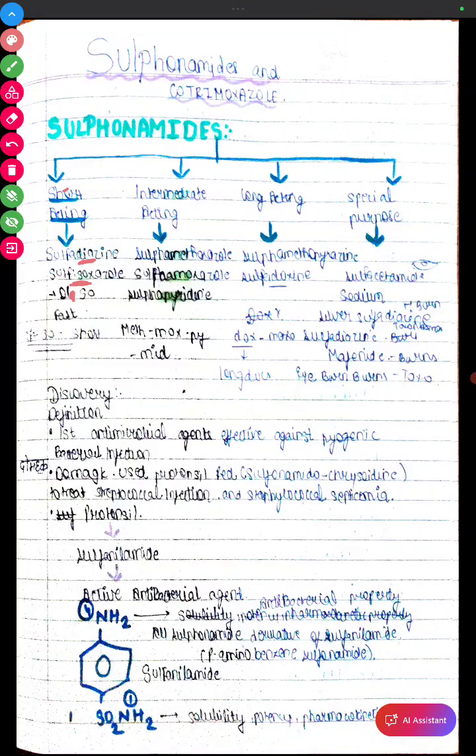And then intermediate acting means middleman, sulfamethoxazole, sulfamoxazole, and also sulfapyridine. Now long acting. See, this is a very long name: sulfamethoxypyrazine, and sulfadoxine, long docs.